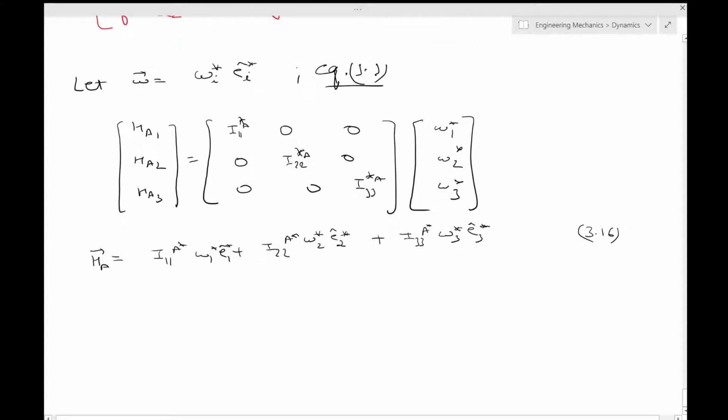So we have written the moment of momentum about point A in terms of the principal axes. This is equation 3.16.